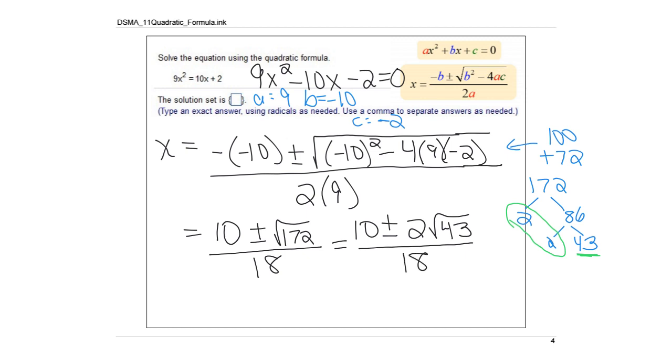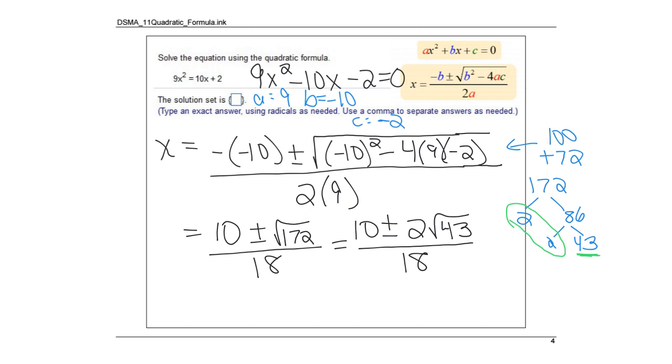Okay, so this is the first time that we've had something crazy like this that we actually can reduce. So remember, we cannot touch what's under the radical once we've simplified. So that square root of 43 is done. Even if we could divide it by 18, we're not going to because we can't touch what's inside the radical.